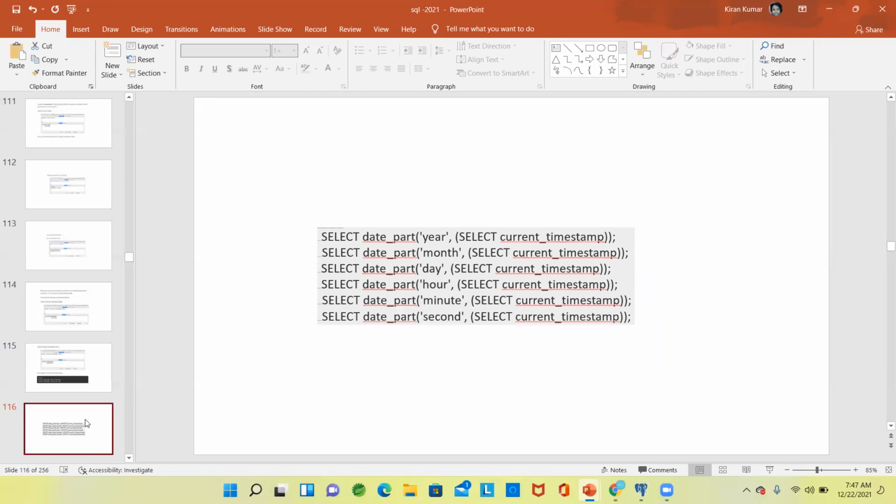Now, another function we have is date part. Tomorrow, you want to do analytics. This is about a business analyst, not an SQL developer. If you are a business analyst and you want to extract some data, let us consider you have Olympics 100 meters running race data from 1900 to 2021.